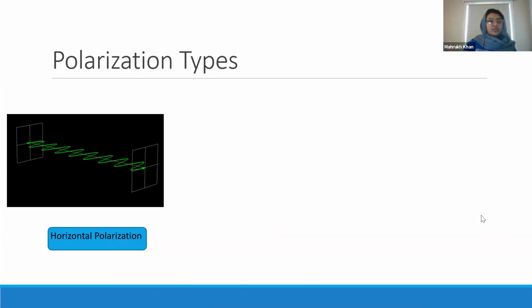Linear, or horizontal, polarization means that your antenna transmits electric and magnetic fields both, but we are just taking the electric field as a reference, which orients itself in the x-axis. It is transmitting in the x-axis, and from the other end, it's received in the x-axis. So it's a horizontal polarization.